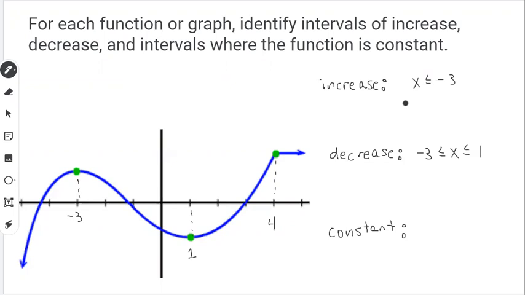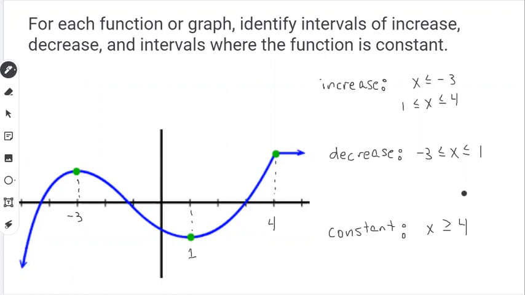So we can say that the function is increasing from 1 to 4. From 1 to 4, the function is increasing, right? It's going up. And then from 4 to positive infinity, the function is constant. So we can say when x is greater than or equal to 4, the function is flat. It is constant. So those are the intervals.